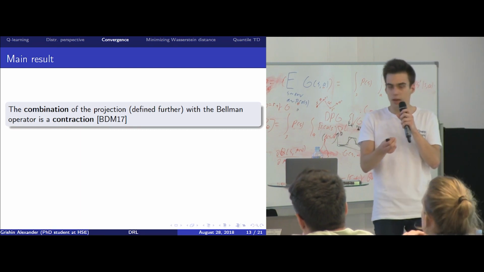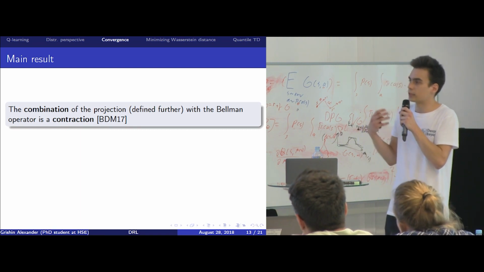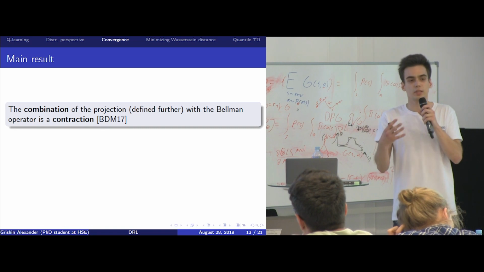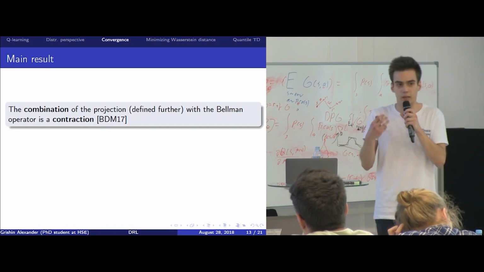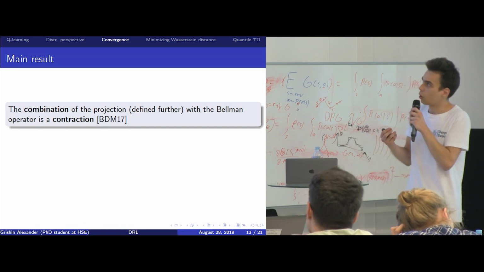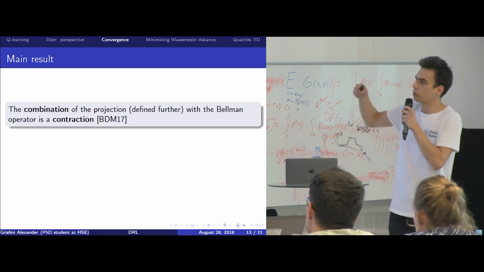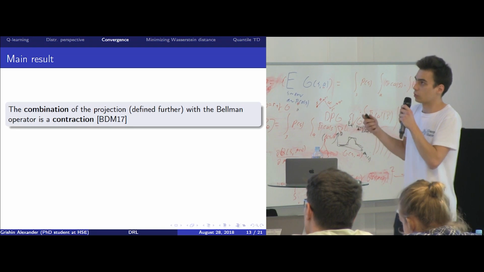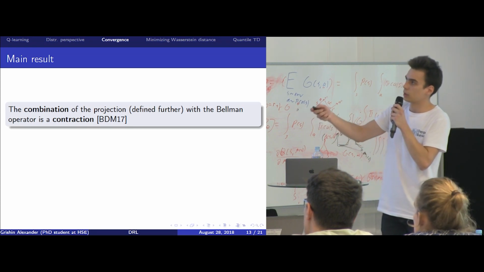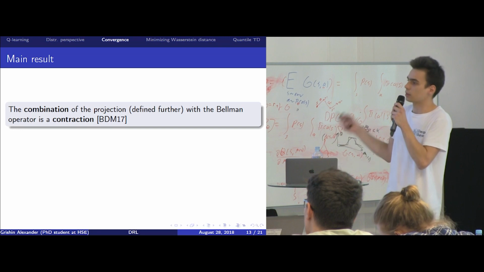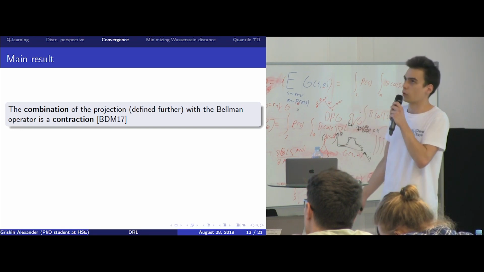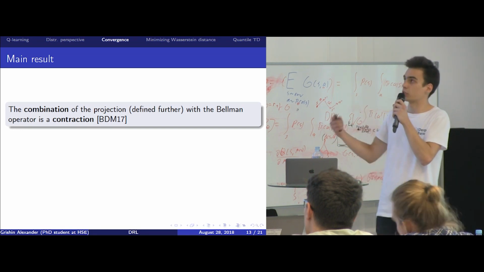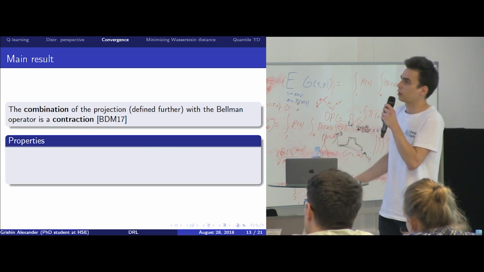But in distributional RL, we necessarily need some approximation, and this approximation can break the contractivity of the overall operator with the projection. So in 2017, such a parameterization was proposed.